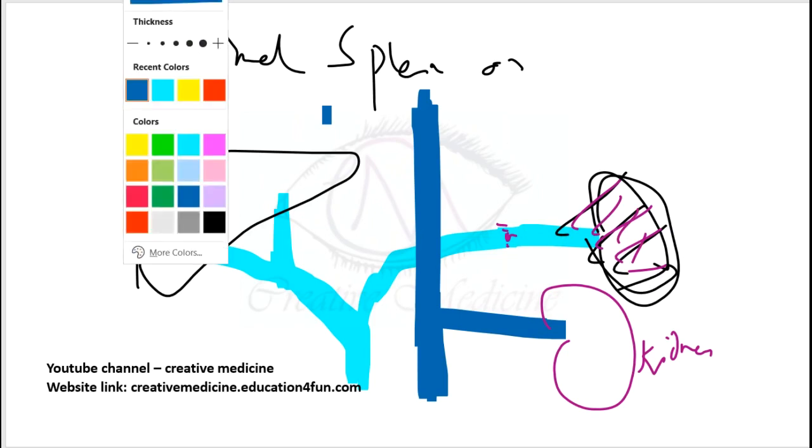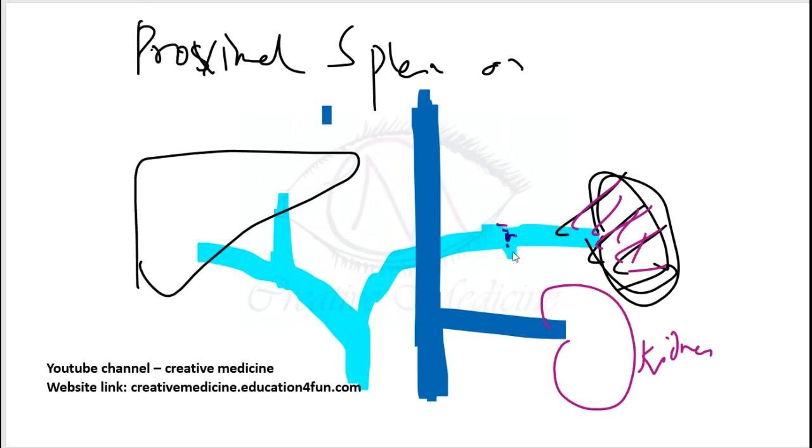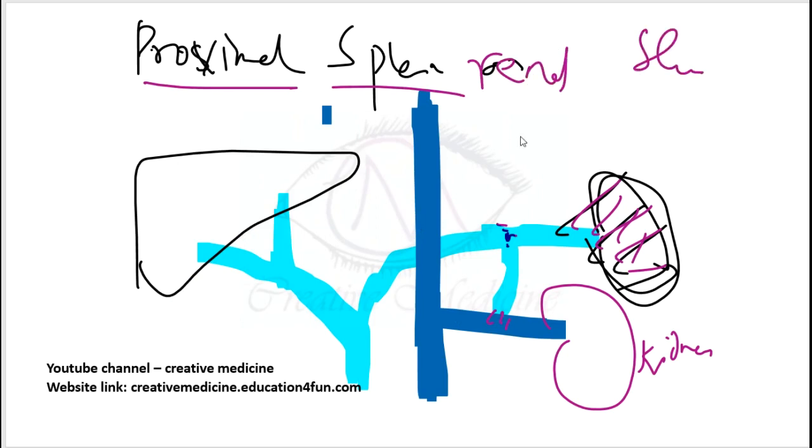This proximal part of the remaining splenic vein is anastomosed with the renal vein. So this is the proximal splenorenal shunt, where you are connecting the splenic vein with the renal vein.